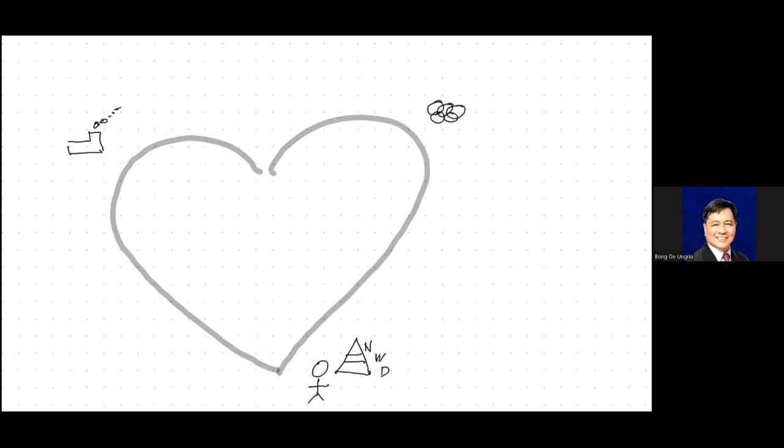Now, for the company, the nice thing about the heart is, I'll draw it here. It reminds us of the letter D. Okay, because what the company or the brand or the product has to give to the customer is the value.